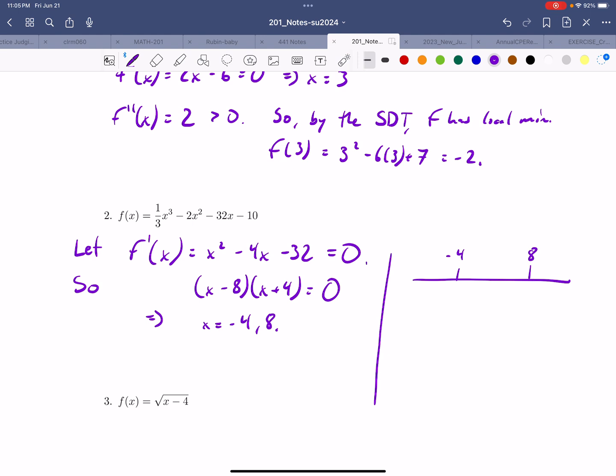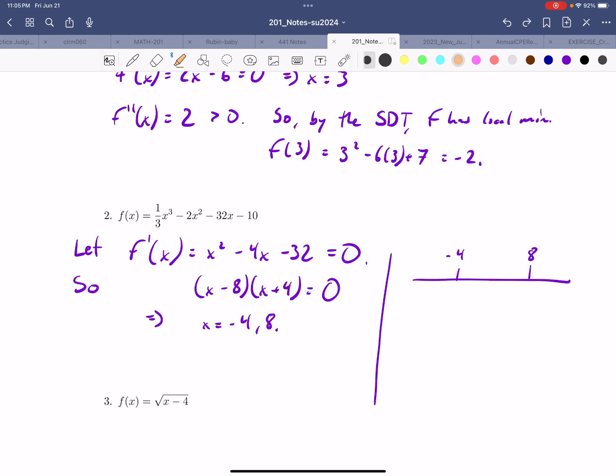Now let's see. For f prime, here's a nice little trick. You want to plug in some negative number, like maybe negative 10. Just plug it in and look at whether each factor is positive or negative, right? Plugging in negative 10 into x minus 8 gives a negative, and plugging it in here gives another negative.